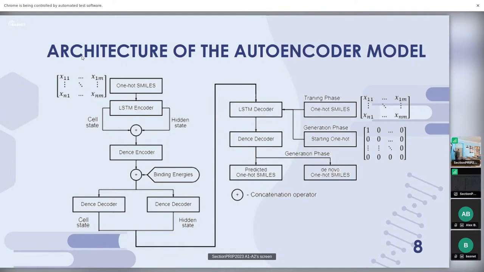We use one-hot encoding of the strings of letters which describe our compound, and after that we use the autoencoder to make the description of our numbers smaller, and after that we push it down.